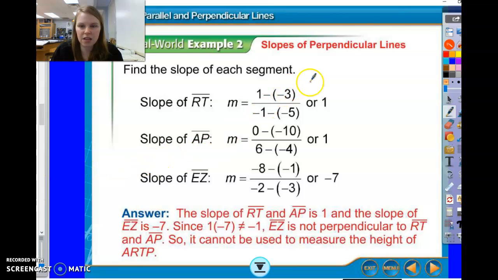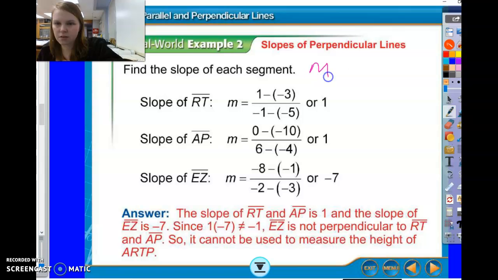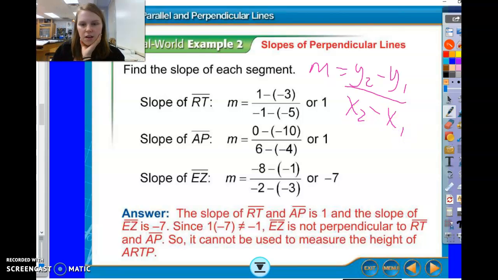Remember that for slope, that's y2 minus y1 over x2 minus x1. Just a reminder. When they did that, these were the slopes for the bases, and this is the other slope. So it is not perpendicular. It is not an opposite reciprocal of this.